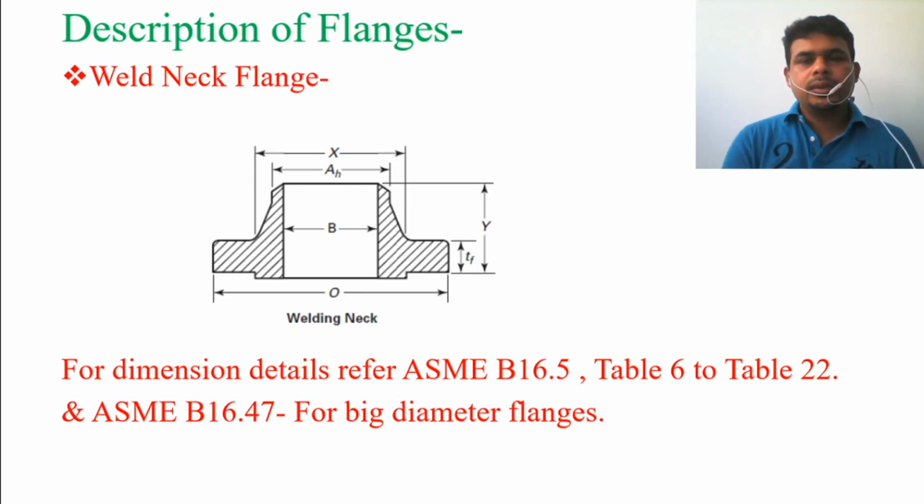I request you to refer to ASME B16.5 and B16.47 to know more about these dimensions, because flanges come in so many sizes. From there you can get the dimensions for each flange size. Next we will see what we have.